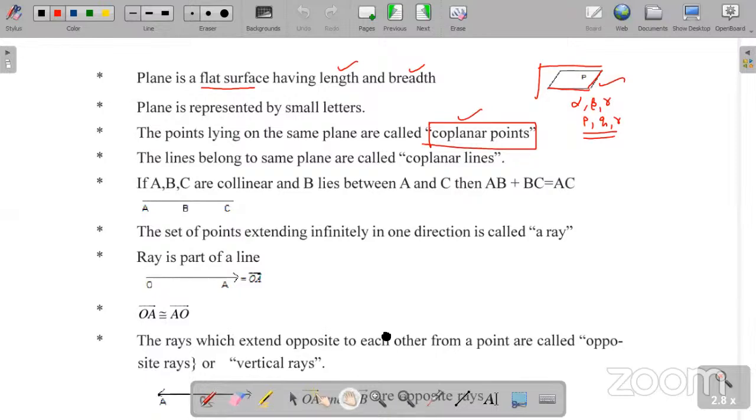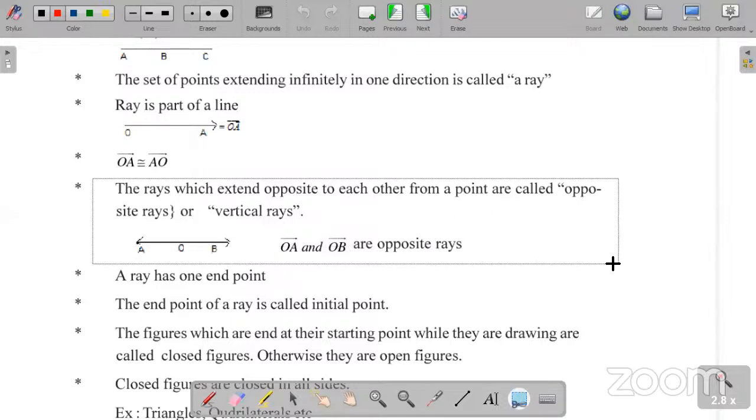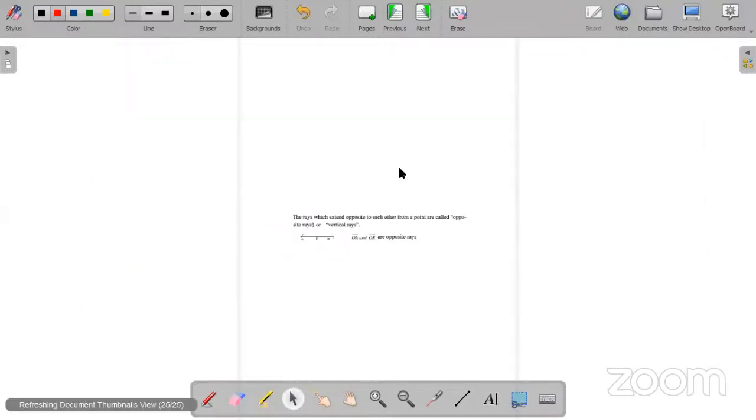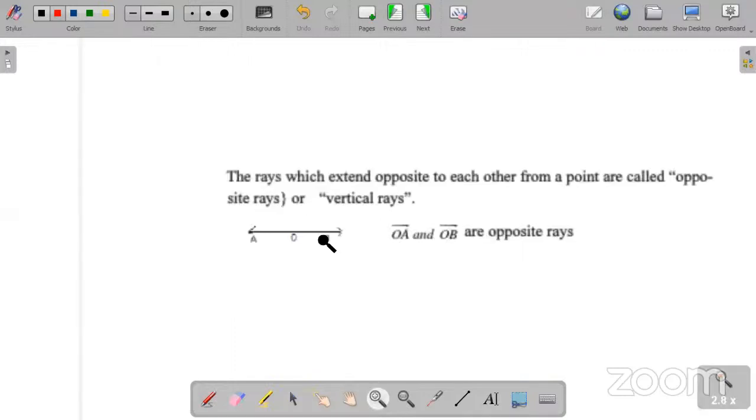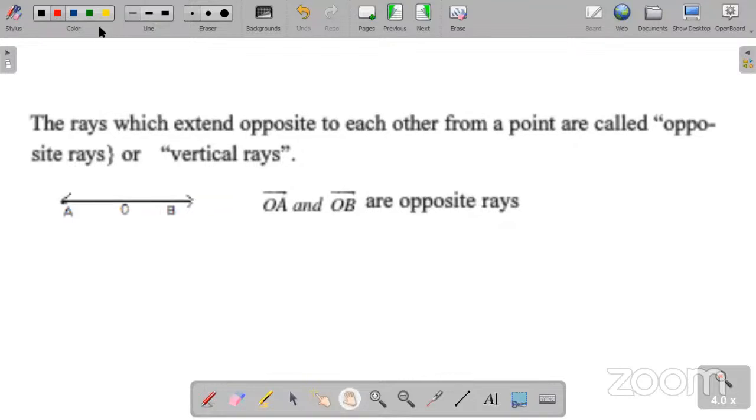Okay, let us move to yet another concept. In the meantime, you read this one. The rays which extend opposite to each other from a point are called opposite rays or vertical rays.